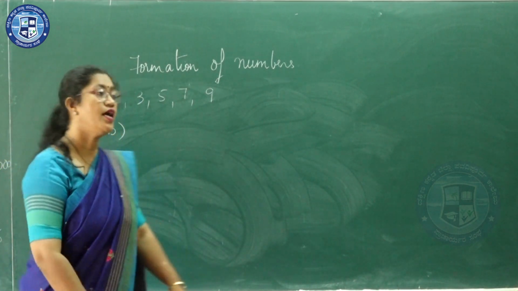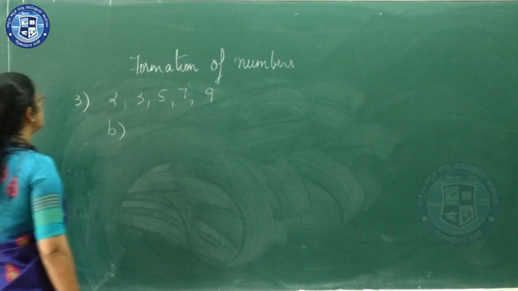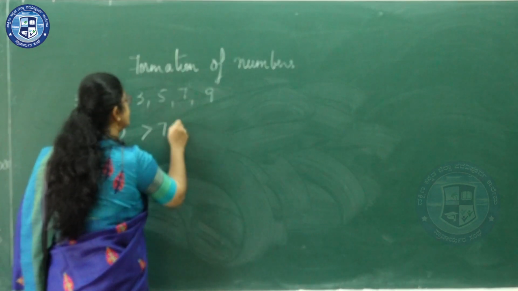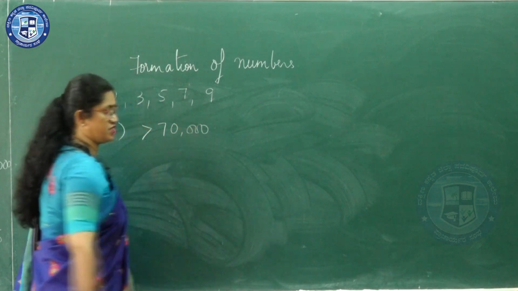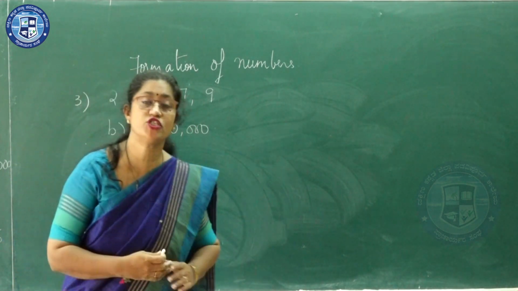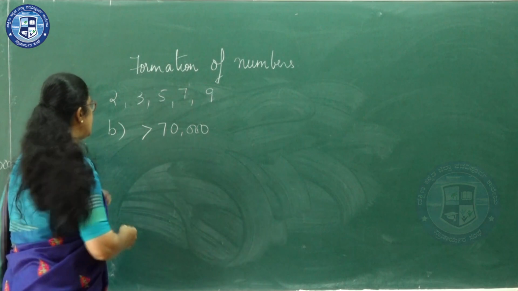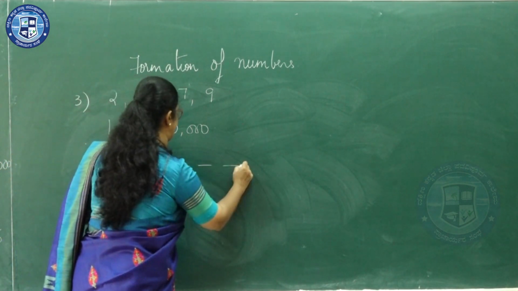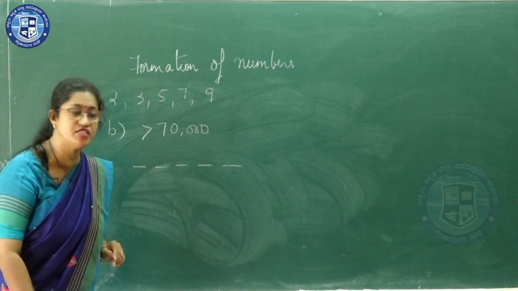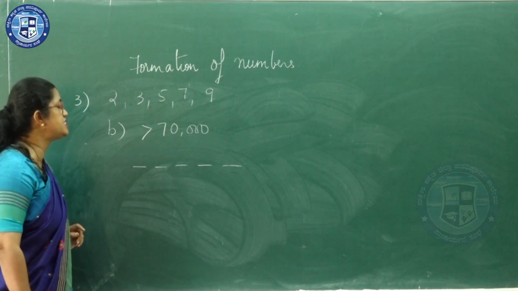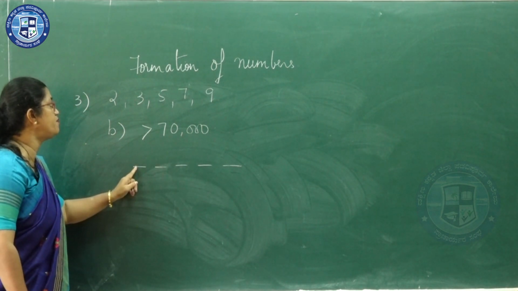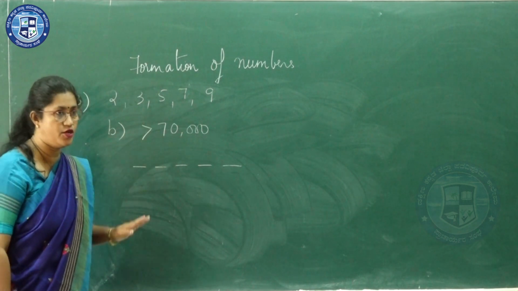Option B says the number should be greater than 70,000. Again let us look at the restriction. It has to be a 5-digit number greater than 70,000. Can I place 2, 3, 5? No, I cannot.